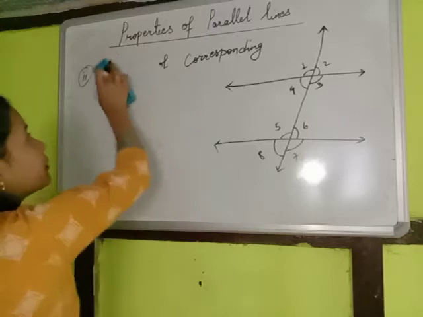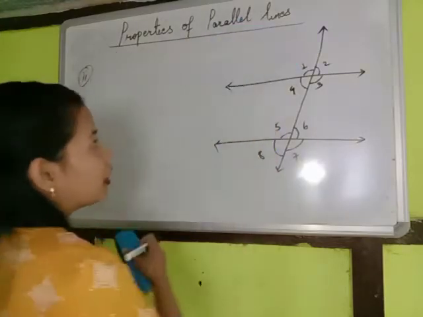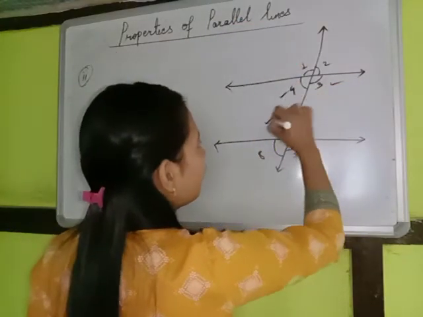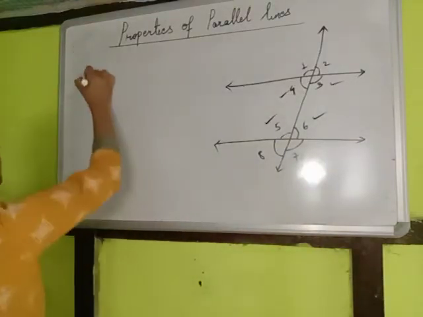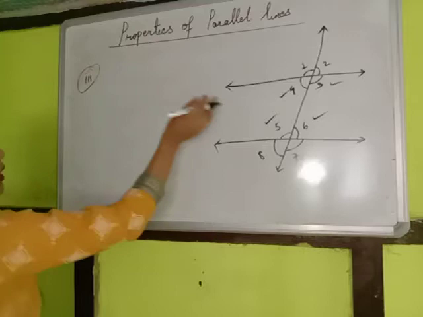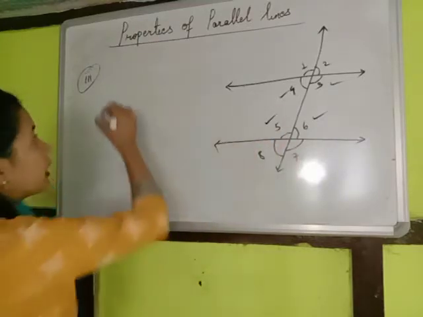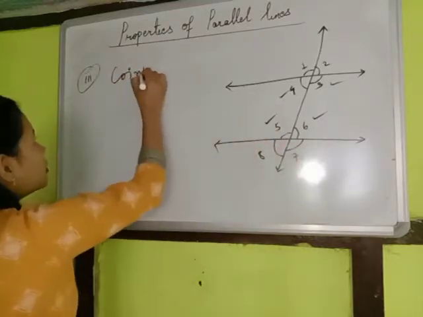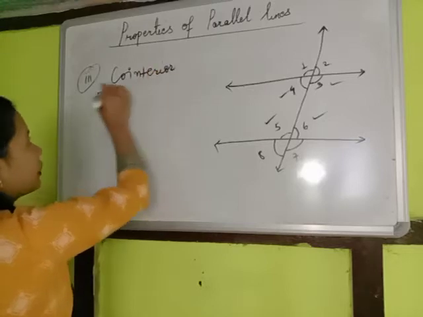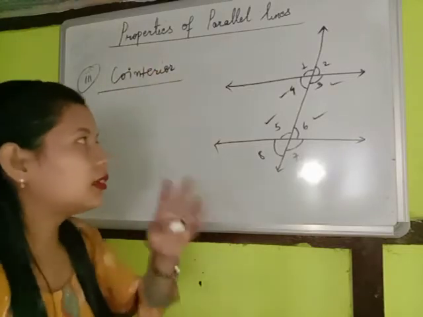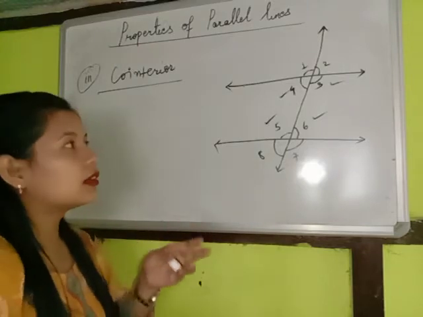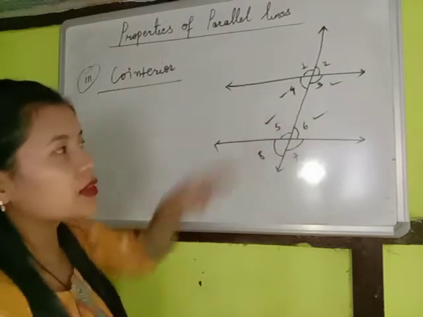Now, we know that the interior angles formed here are angle 3, 4, 5 and 6. We have one interesting property about the interior angles. These interior angles are also named co-interior angles. The property is about interior angles which lie on the same side of the transversal.